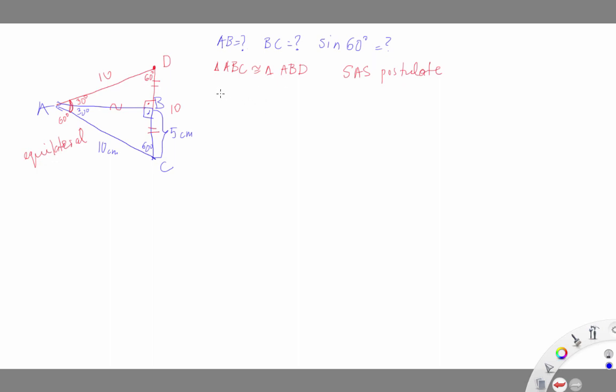Now, I'm going to look only at triangle ABC. Triangle ABC is a right triangle. It has a right angle, right? Therefore, because it's a right triangle, I can use the Pythagorean theorem.